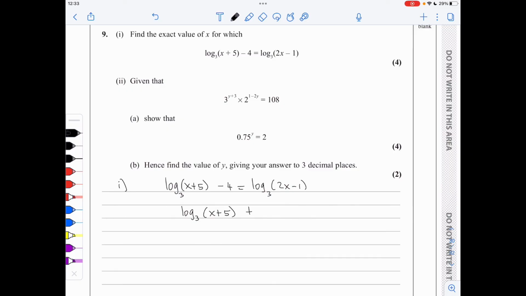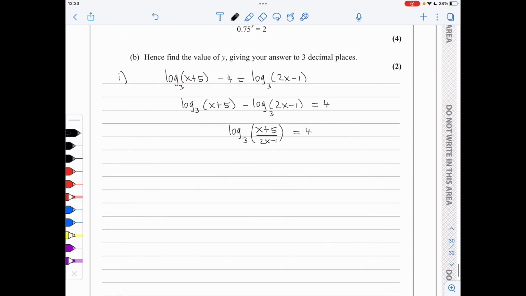So log of x plus 5 minus log of 2x minus 1, all base 3, is equal to 4, which means that log of (x plus 5 over 2x minus 1) base 3 is equal to 4, and therefore x plus 5 over 2x minus 1 is 3 to the power of 4, which is 81.